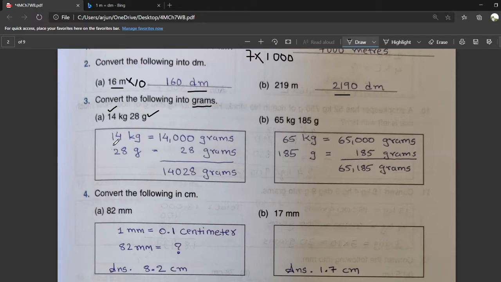So converting 14 kg into grams, we multiply by 1000, so the answer will be 14,000. Now just sum it up: 14,000 plus 28, which is 14,028 grams. Similarly, you can do this question. I have given the solution.